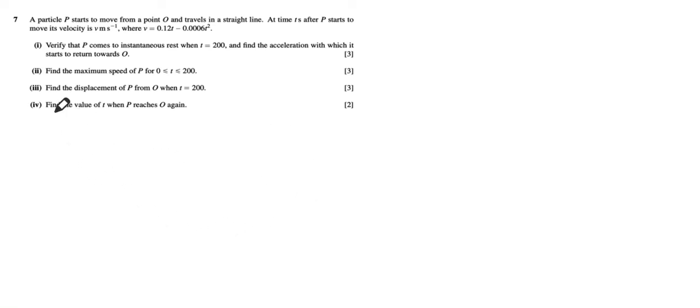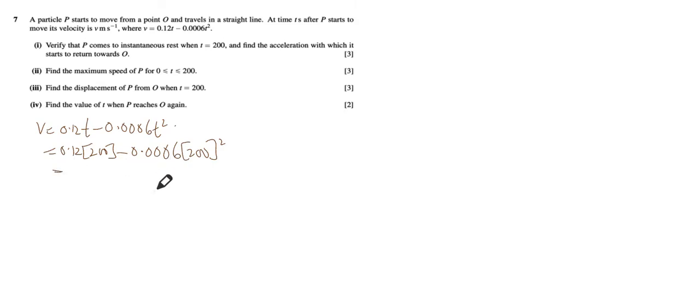Okay, let's do it. V is given as 0.12t minus 0.0006t². Verify that P comes to instantaneous rest when t equals 200. All you have to do is substitute the value: 0.12 times 200 minus 0.0006 times 200², and use your calculator.